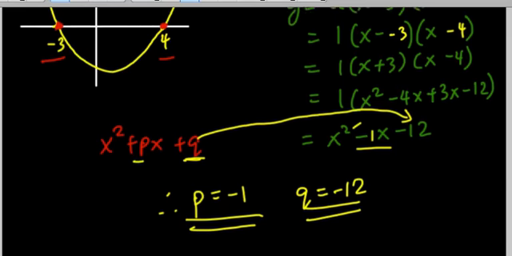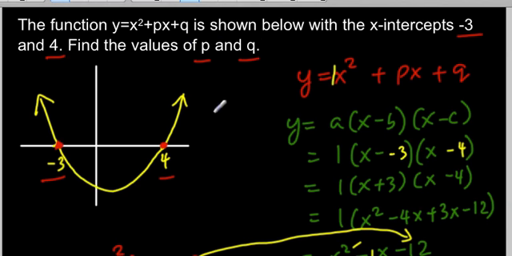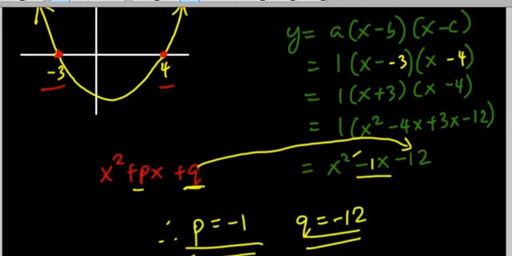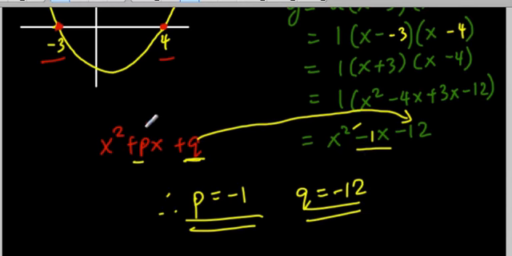So for this problem, we've gone from the factored form, expanded it to the standard form, and determined our values of p and q. And recall that p and q in this instance are not the x-intercepts. They're whatever coefficients they are for the standard form. All right, so I'll see you in the next video.